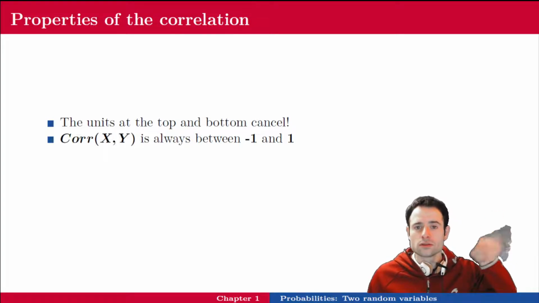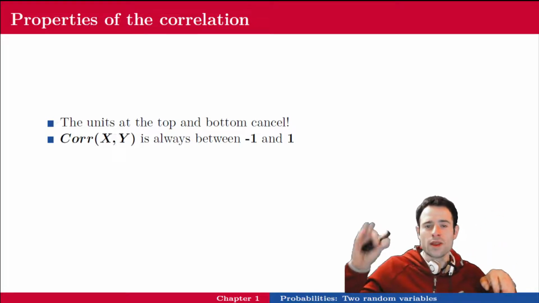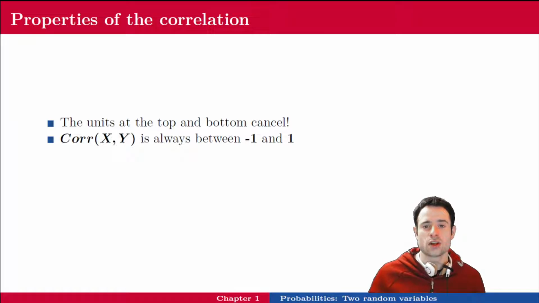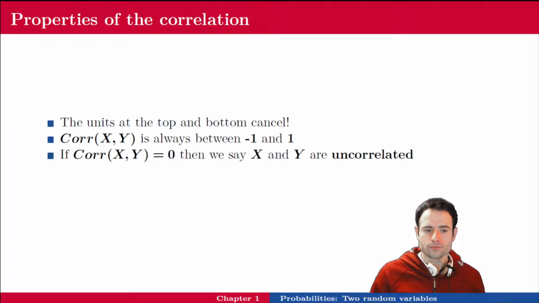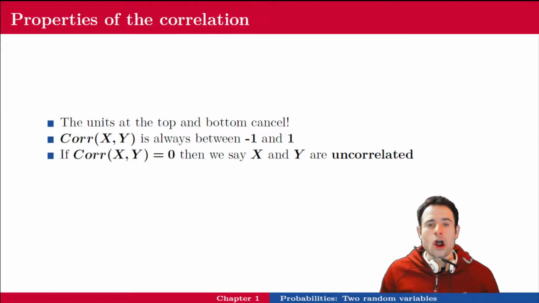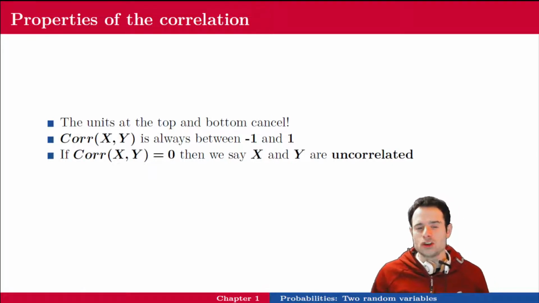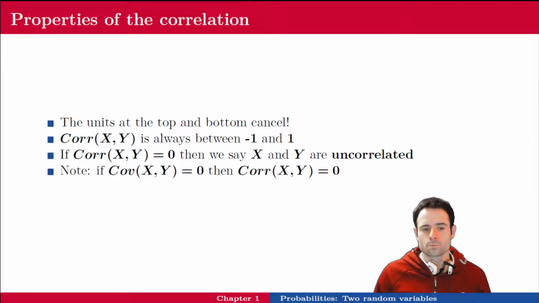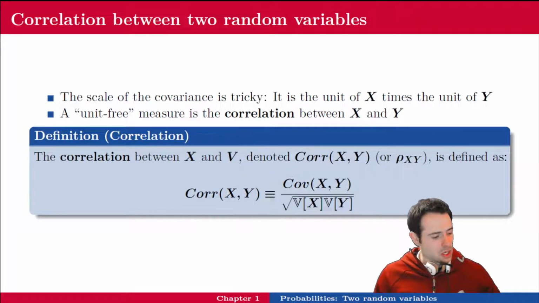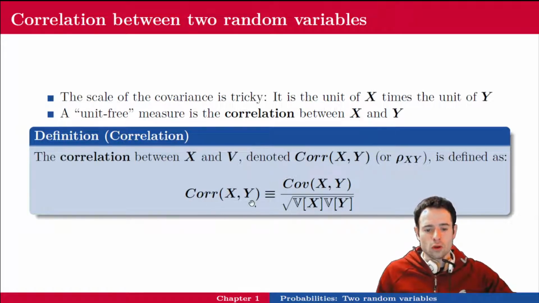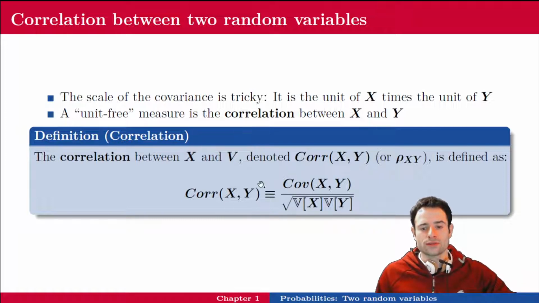One moves and the other one moves, but the way they move does not influence each other. When the correlation is 0, we say that x and y are uncorrelated, or linearly uncorrelated. Note, by the way, that from this formula, if the covariance is 0, then the correlation is also 0. So one will also imply the other.